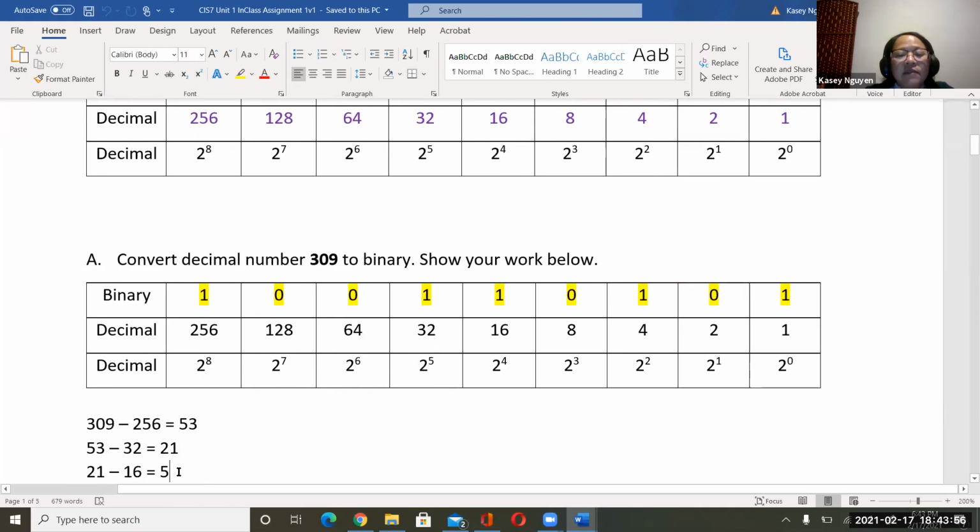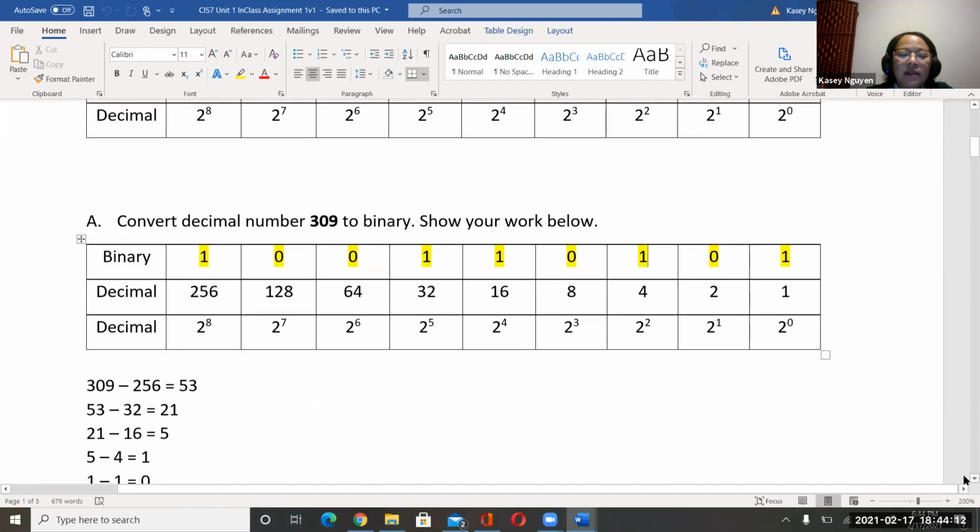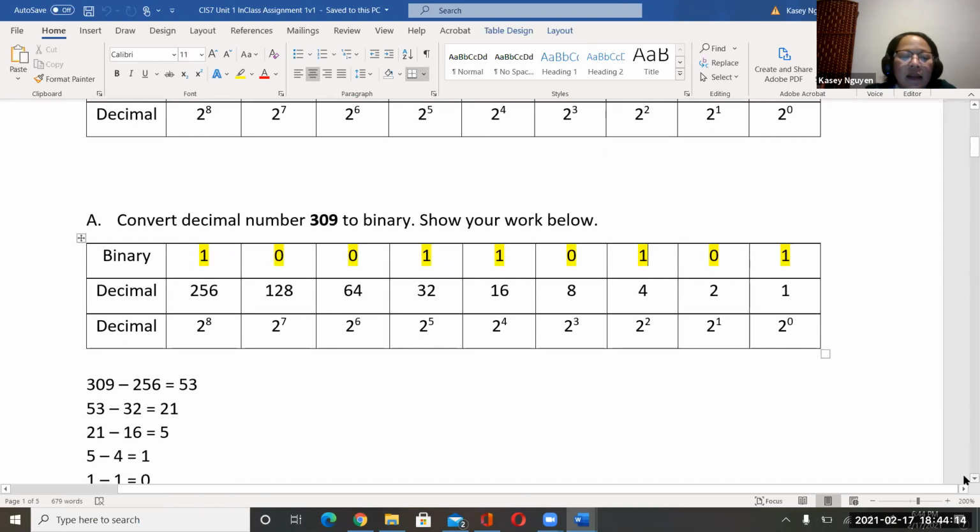Then with 5, we cannot subtract 8. 8 is higher, so put a 0. But with 5, we can subtract 4. So I subtract 4 and put a 1 on top. That means I have 1 left. And then we skip 2, because 2 is higher than 1.